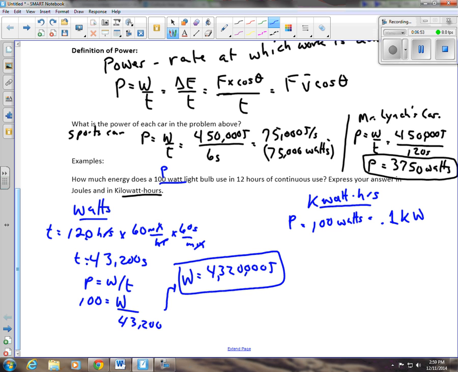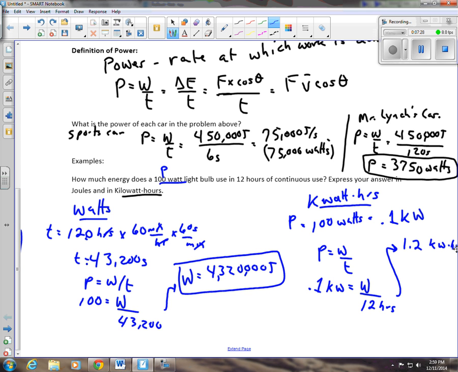Then using that same equation again, P equals W over T, I get 0.1 kilowatts equals the work divided by 12 hours, since I can leave my time in hours. When I cross multiply, 12 times 0.1 is 1.2, and my units are kilowatts times hours, so it's kilowatt hours. So that's how to deal with kilowatt hours.